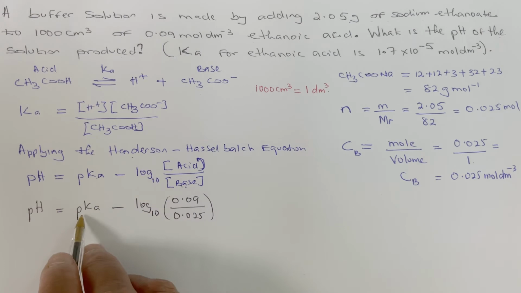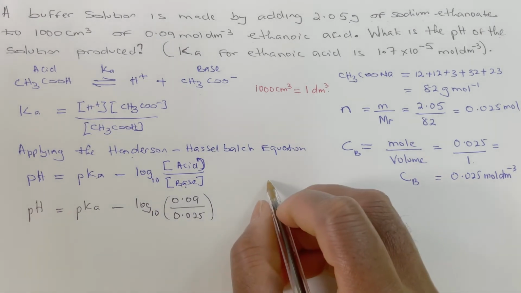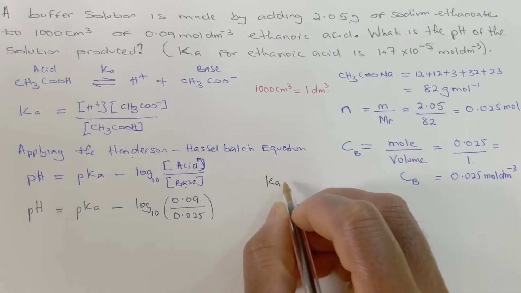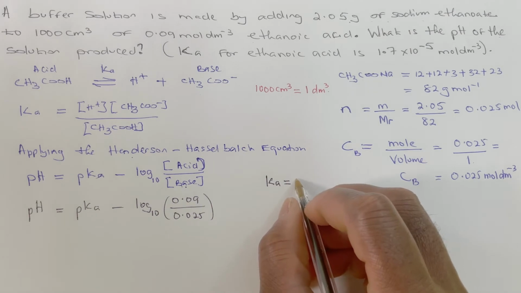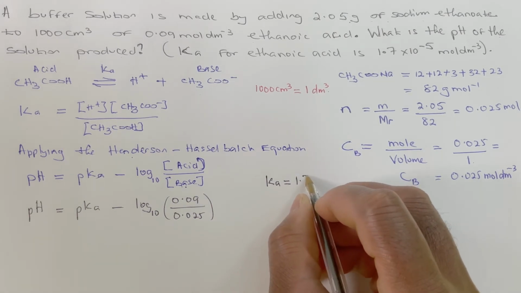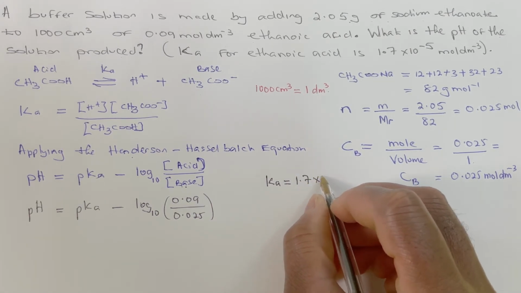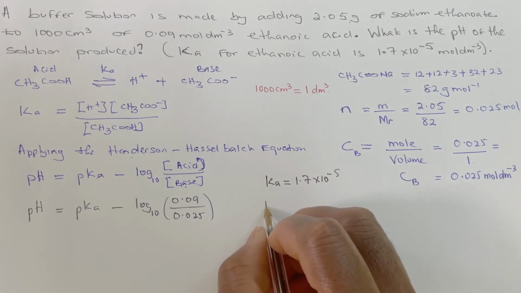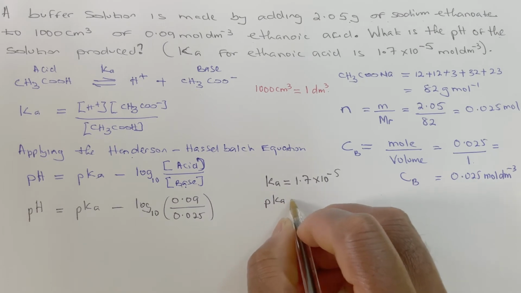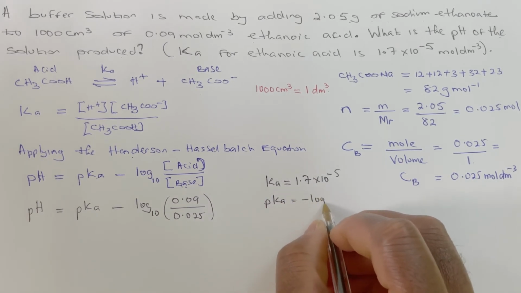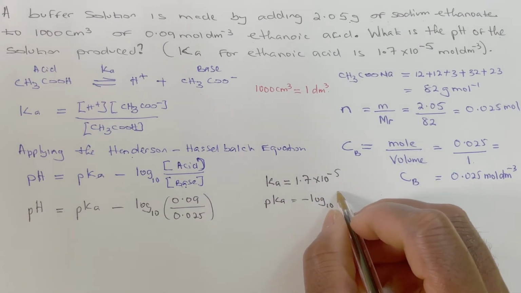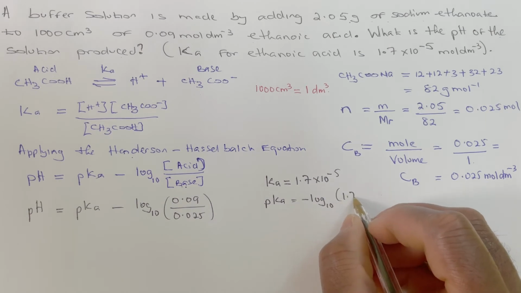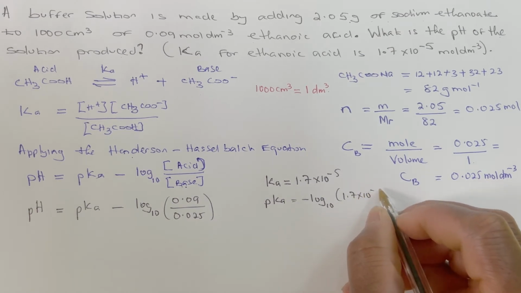All I need to do now is find the pKa. So I know the Ka is equal to 1.7 times 10 to the power minus 5. Therefore, pKa is minus log base 10 of 1.7 times 10 to the power minus 5.